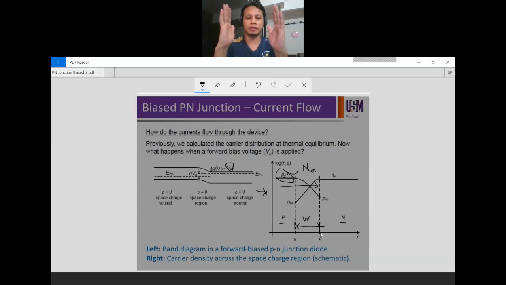We want to know now what is the density of holes at the end of the depletion region. When the holes have diffused into the n-type, what is the concentration here? That will be given by pn(B), because this one is point A and this one is point B, right?